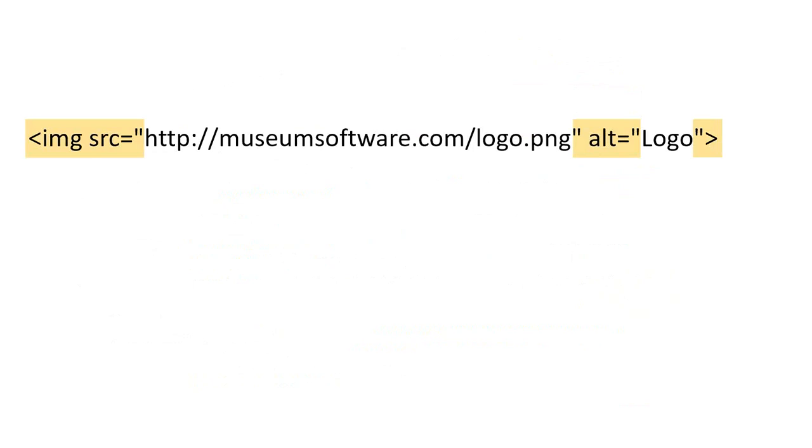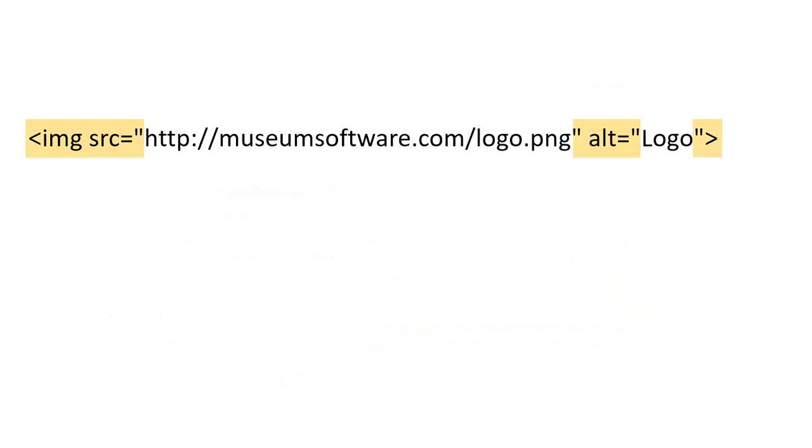The IMG at the beginning says that this is going to be an image. We've got SRC, that's the source. This is going to specify where on the internet it's pulling that image from. And then towards the end, we've got alt. That's an alt tag that's going to be used primarily for screen readers so that they can actually explain what this image is.